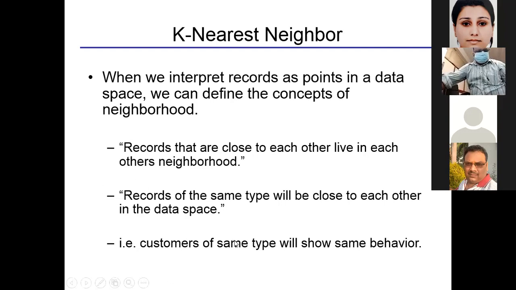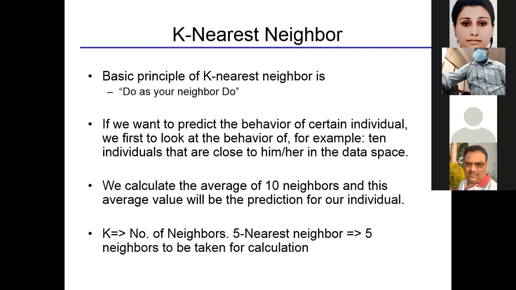A very good example is that customers of the same type will show the same behavior. Recognizing similar customers, they show similar behavior, like purchasing history. If the likes of a customer are the same as the likes of another person, they will usually buy the same type of things. This kind of problem can be solved by k nearest neighbor.